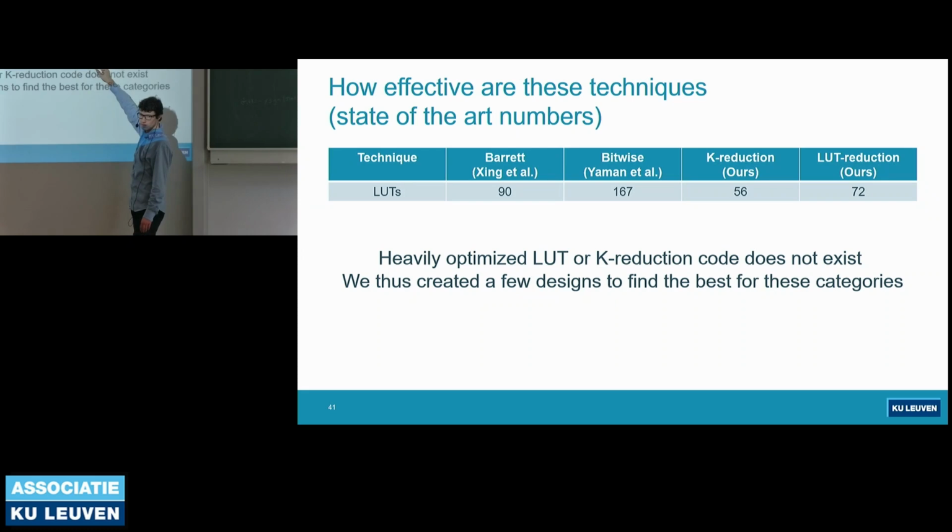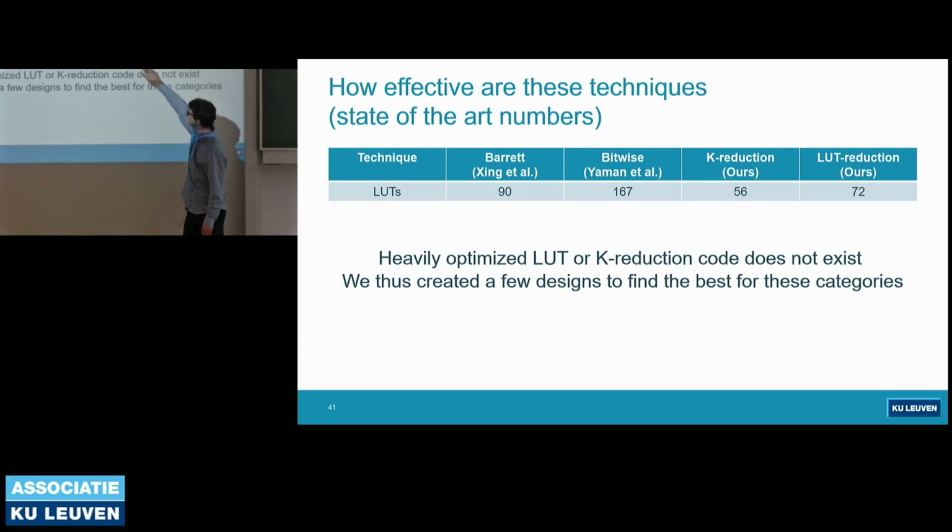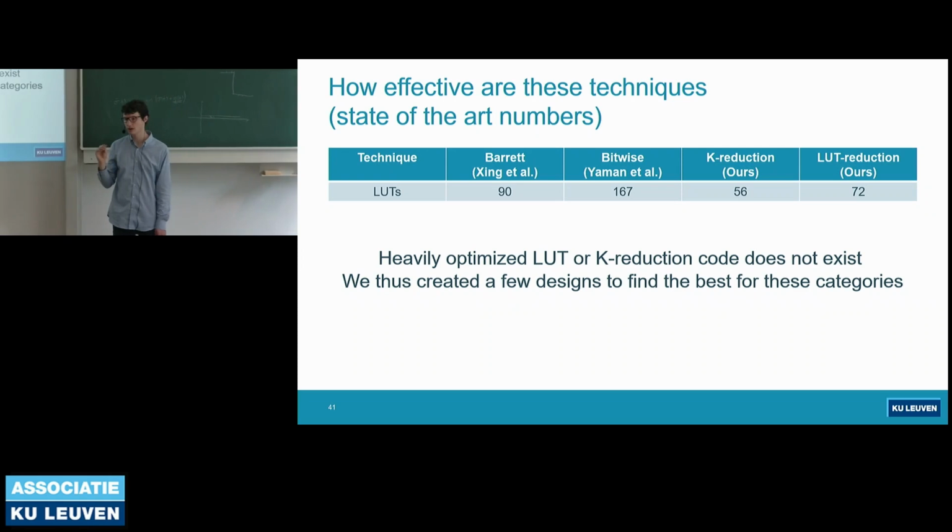K-reduction. There are some K-reductions out there, but there aren't many very good ones. And since these two had already been optimized as far as you could possibly go, I optimized the K-reduction as far as I could possibly go. That gets you 56 LUTs, and LUT reduction will get you 72. But you can still do a little bit better, because remember, your LUT reduction will only remove 4 bits.